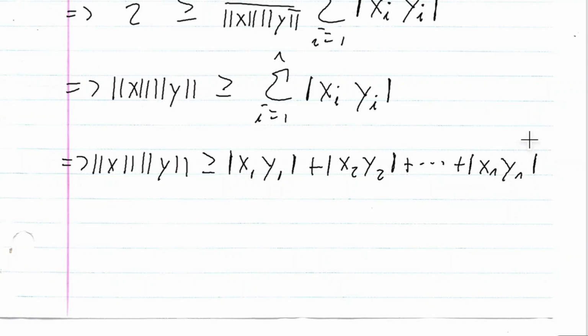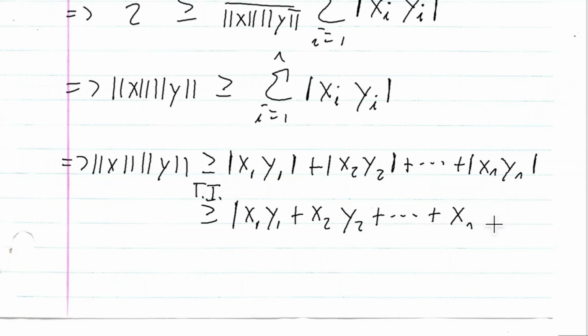But I know by the triangle inequality that the sum of these is bigger than or equal to the absolute value of x sub 1 y sub 1 plus x sub 2 y sub 2 plus dot dot dot plus x sub n y sub n.